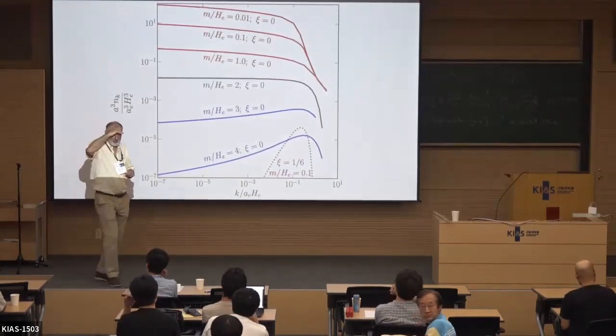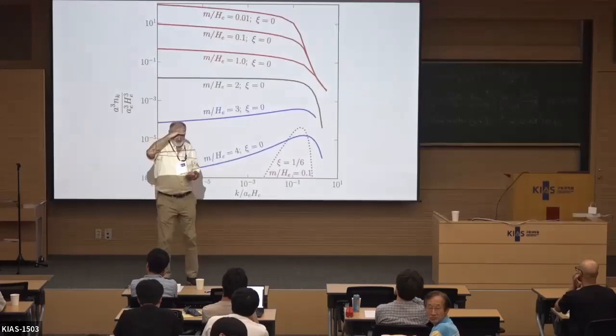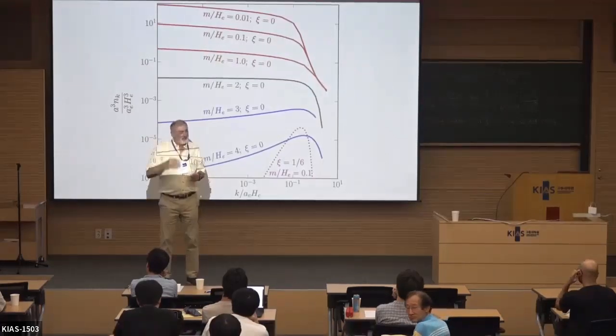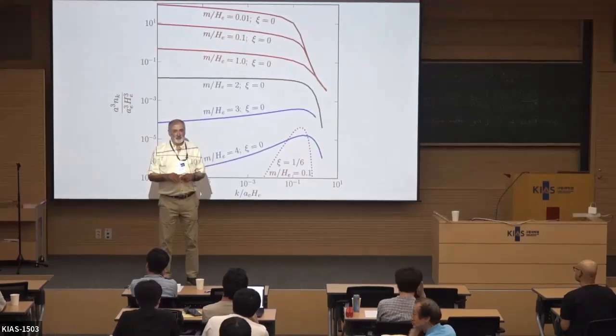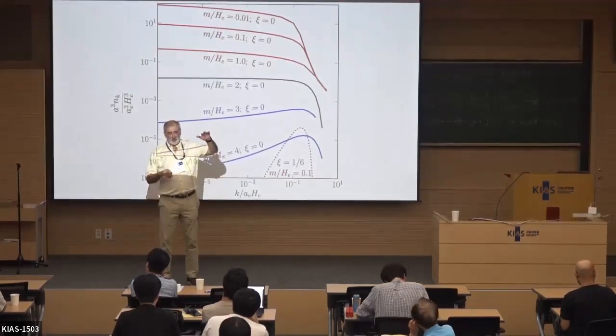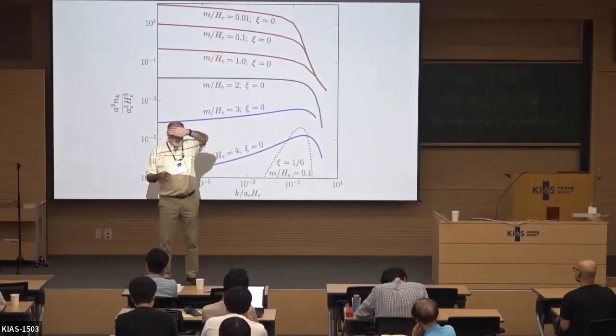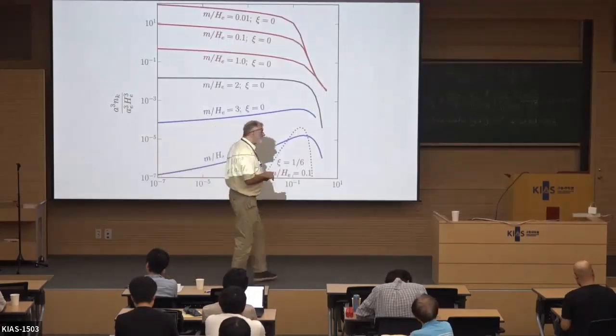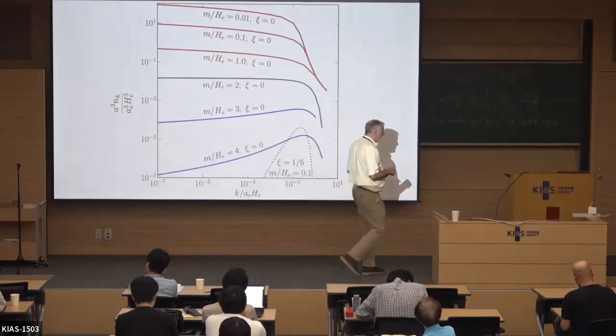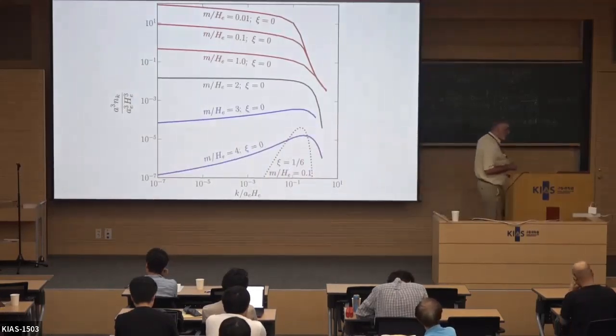The dispersion relation for minimally coupled scalars, omega k squared, has a term that can be negative. That's related to the Ricci scalar. So during inflation, that can be negative. Omega k squared can be negative, so there's a growth.